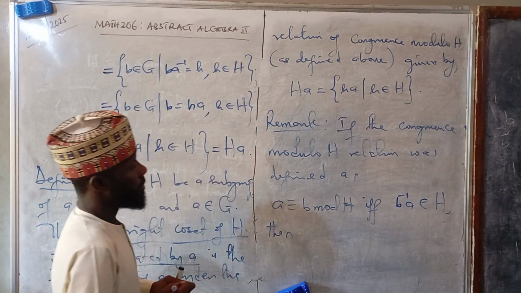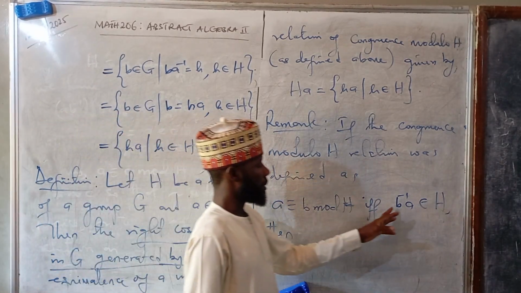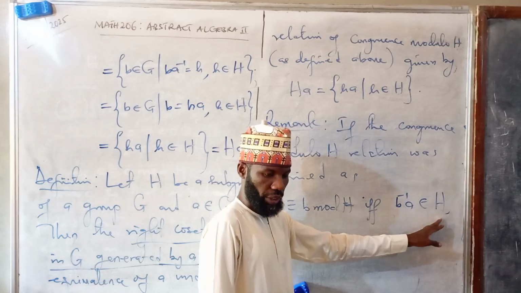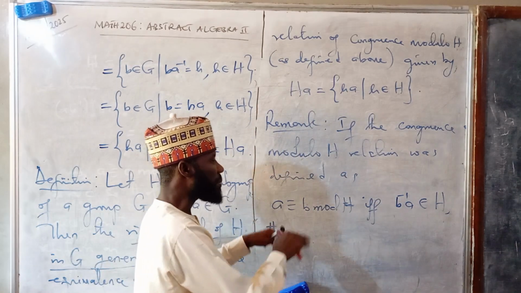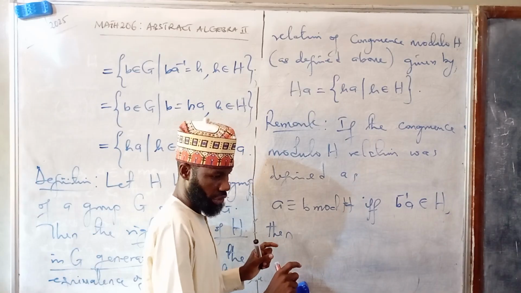Write it like this. So if I have written the congruence modulo relation in this way, then the equivalence classes, because this will still be an equivalence relation, nothing will change.